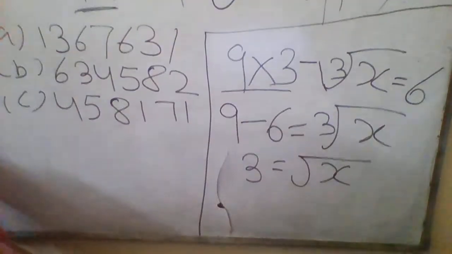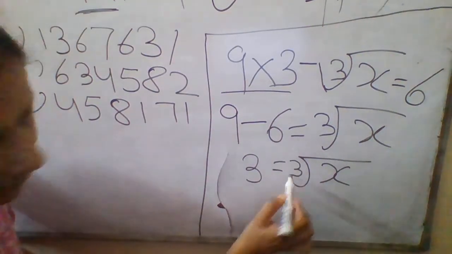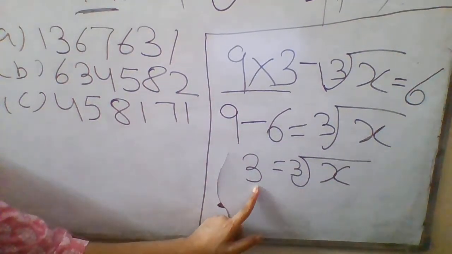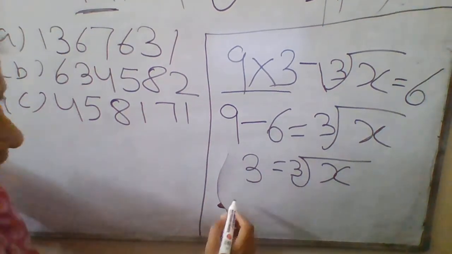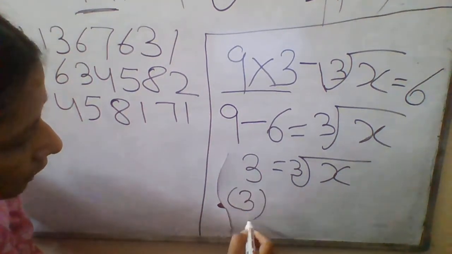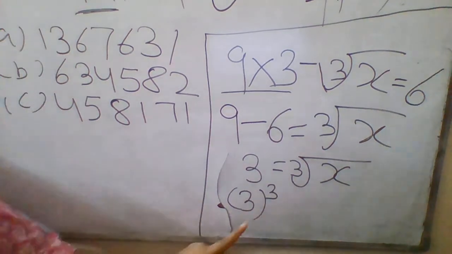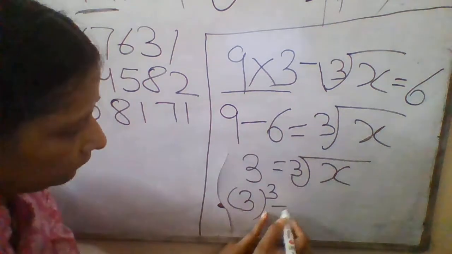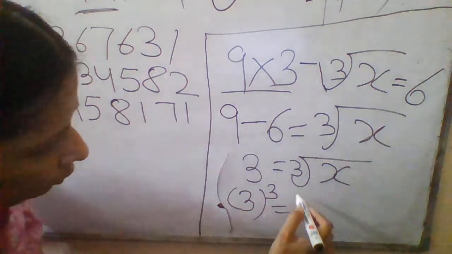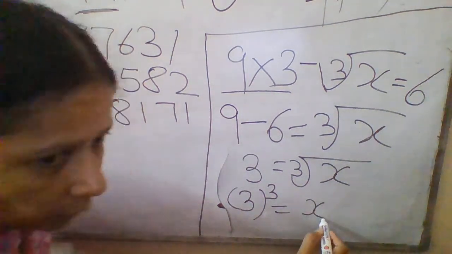Now you got this: 3 is equal to cube root of x. Now you just take the cube root. On both sides I am going to raise it to the third power. Now here this will be equal to x.